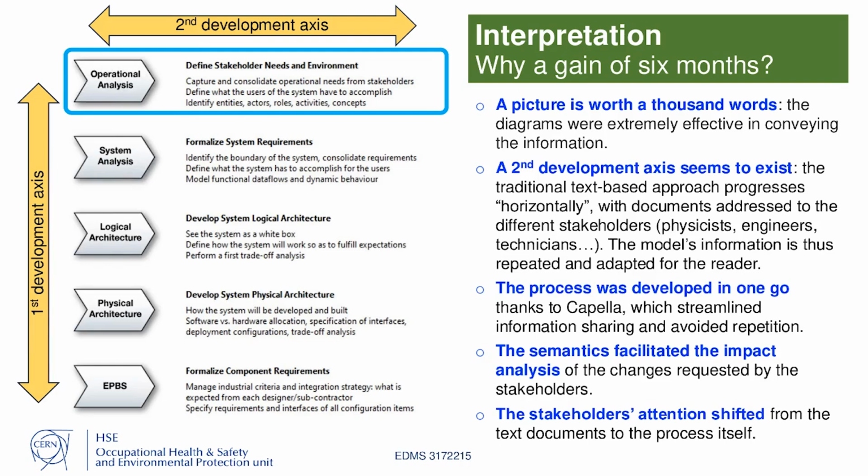Let me explain. When I say that ARCADIA guides you from the statement of the problem to the solution, going from what I call here on the left of my slide, first development axis. So you go from operational analysis, system analysis, and so on, until the end product breakdown structure.